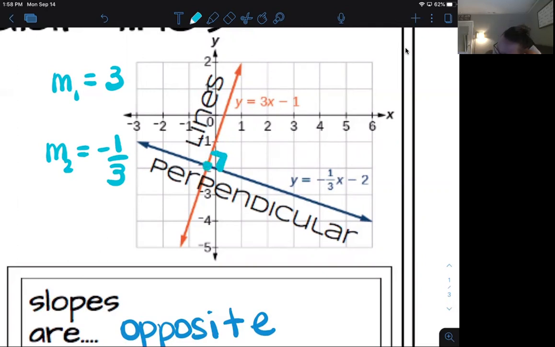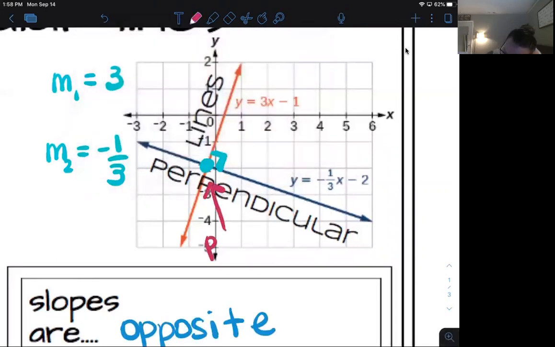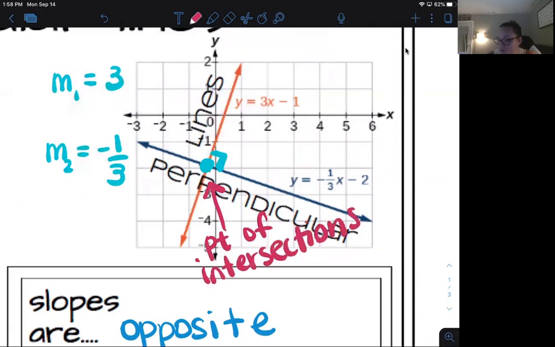The point where those two lines intersect is called the point of intersection. Perpendicular lines always have a point of intersection, and that point happens at a 90-degree angle.